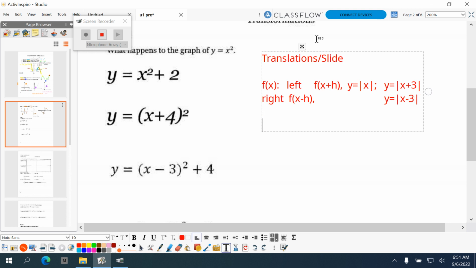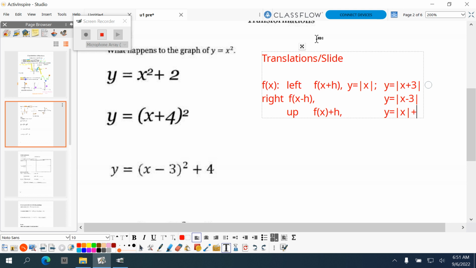Okay, what about up and down? Up and down. So up, we have f of x plus h. So it's not inside the parentheses. It's not inside the function itself. So if I'm moving absolute value up 3 units, I would have the absolute value of x, plus 3.